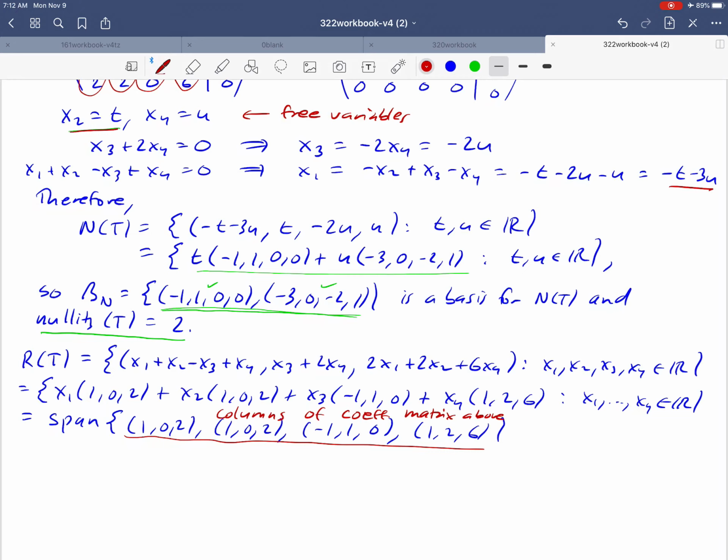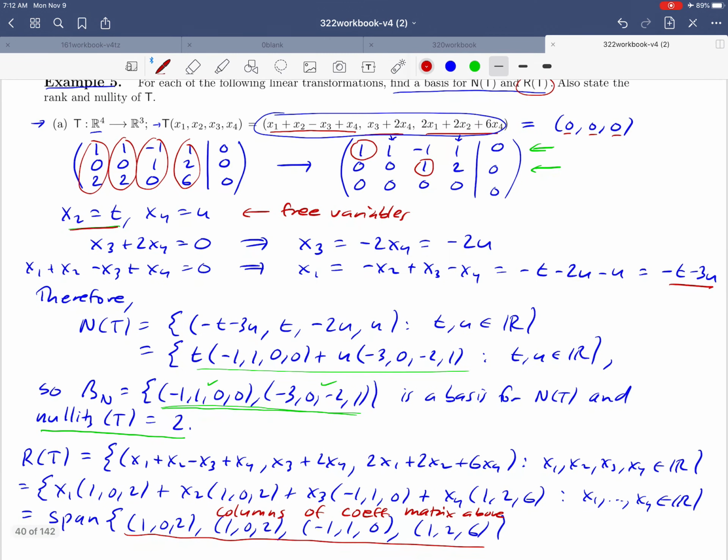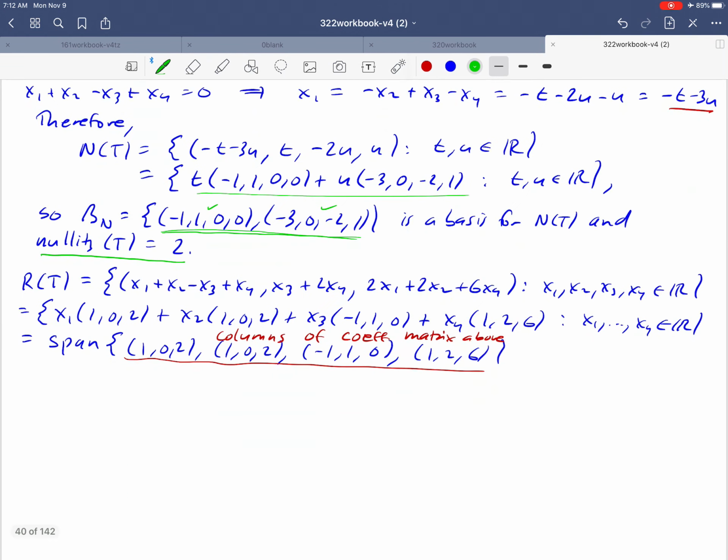And we already know from the previous section that if we want a basis for a span of a set of vectors like this, what we can do is just form a matrix where those vectors are the columns. That's exactly what we did up here, do row operations, and then take the pivot columns. So we know, without doing anything else, that a basis for that span is just going to be obtained by taking the two pivot columns, which are the first and the third in this case.